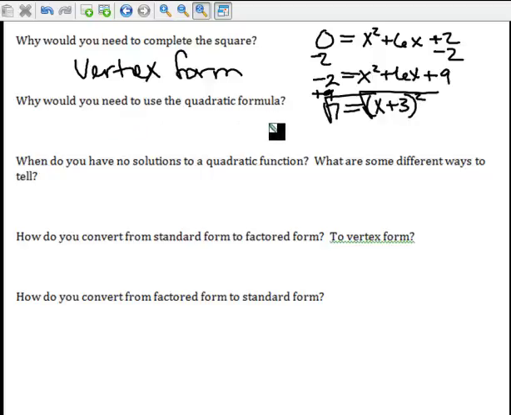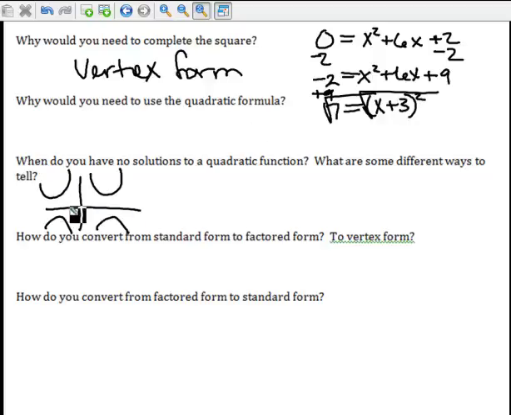Why would we need to use the quadratic formula? Anytime you want to find roots or find out if there are roots, which leads to the next question. When do you have no solutions in a quadratic? Well, you can have parabolas that look like this. All of those have no solutions to the quadratic formula because they have no roots.